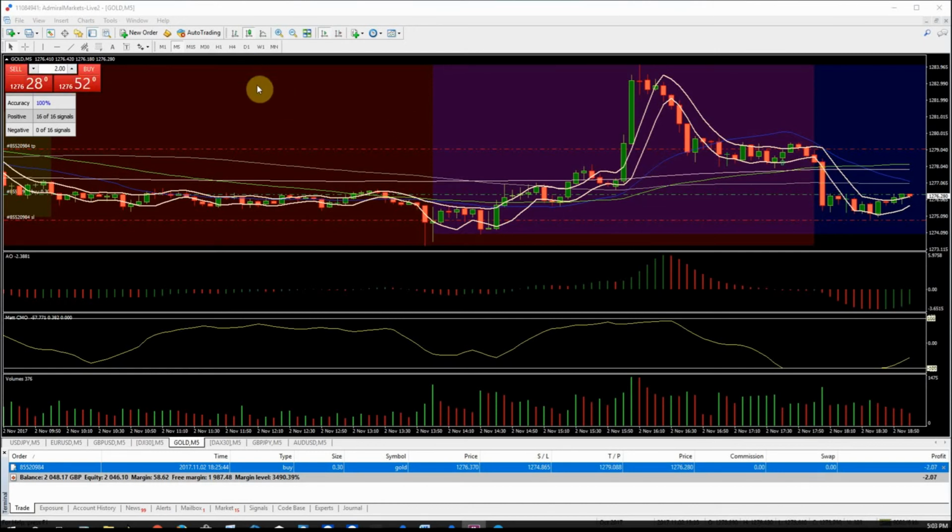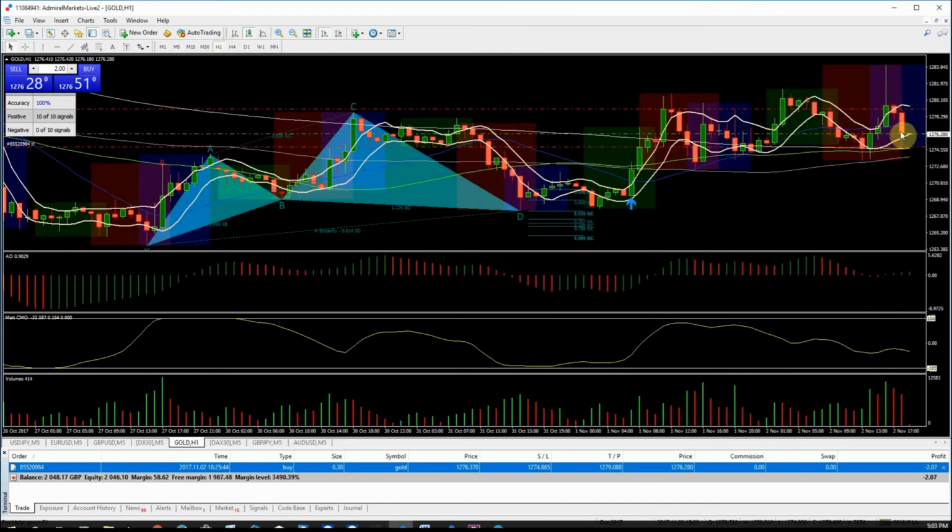So the whole setup and scenario and pattern has changed now. But what I have actually done is just entered another small long. The reason being is on this hourly chart here, this was the close of the last bar, it didn't close outside our price envelope, so I'm just looking for the potential for this to now bounce back up to the upper end of this price envelope here, and that's all I'm looking for with this trade.